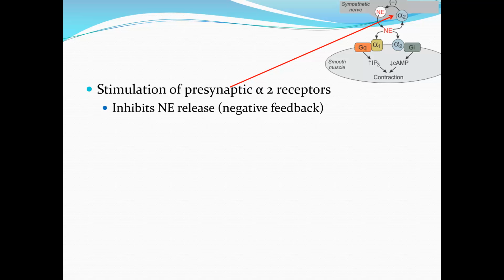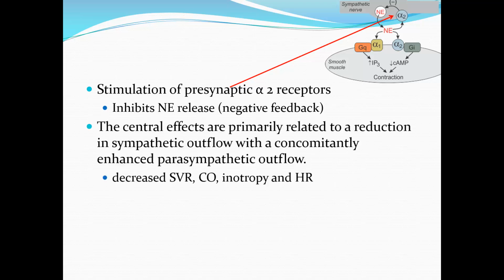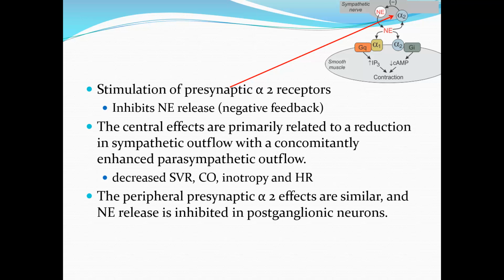So when you stimulate the presynaptic alpha-2, you reduce the release of norepinephrine. So the central effects are primarily related to reduction in sympathetic outflow, as well as enhancing the parasympathetic outflow. So this results in decreased systemic vascular resistance, cardiac output, inotropy, and heart rate.